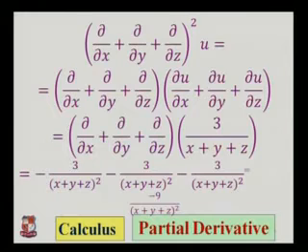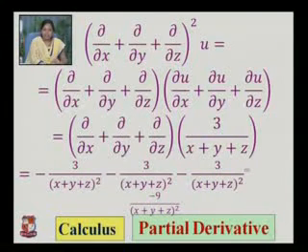Now del by del x plus del by del y plus del by del z whole square into u, that is our LHS. We want to find the value of that. Since this is a whole square, we can write it as a multiplication twice.